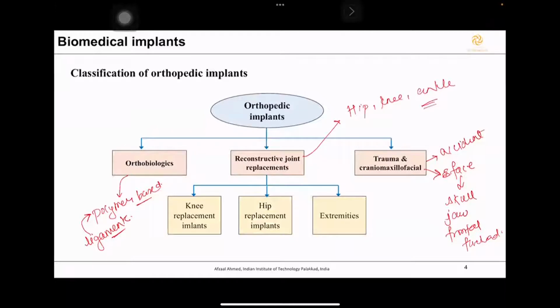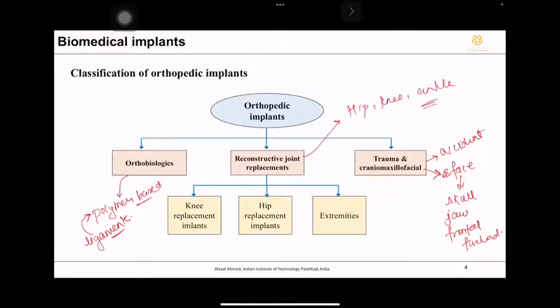And these are also needed at different age group levels. Sometimes the injury happens because of an accident, but in most of the cases, these kinds of implants will be used in higher age groups, like 50 plus, 60 plus people, where normal wear and tear of knee and hip takes place.